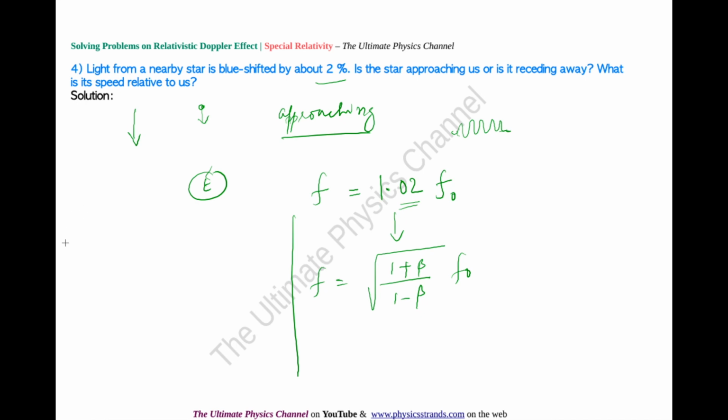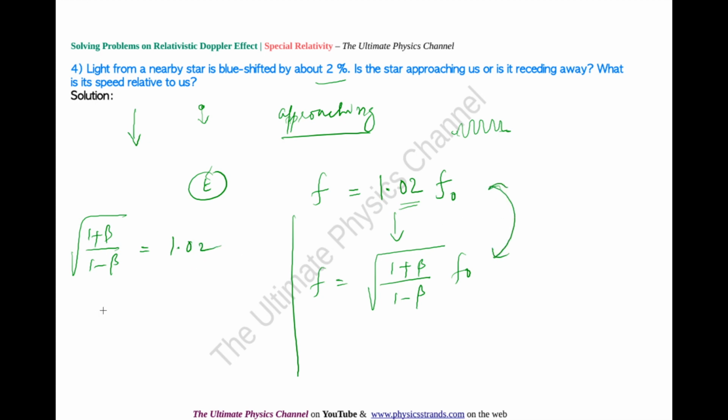F is 1.02, so we can directly do beta here also, right? So we just have to take the square root and write it as 1 plus beta over 1 minus beta is 1.02 by comparing these two equations.